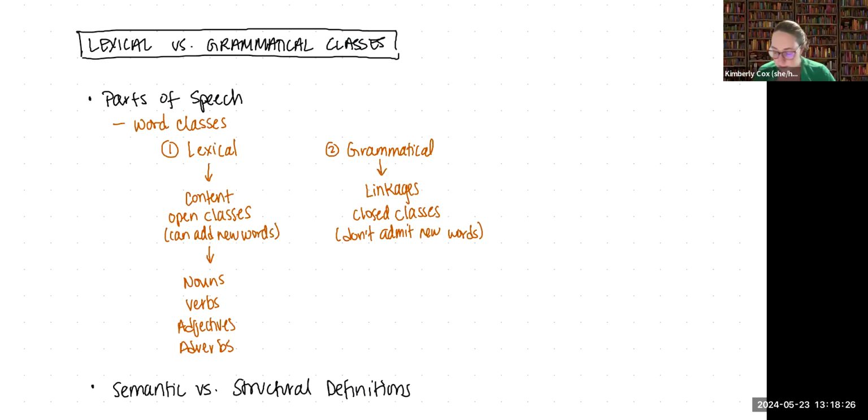That's going to be a little bit different from grammatical classes of words, which are things like auxiliary verbs. Auxiliary verbs are going to be verbs like will, should, can, do, those sorts of things. It also includes conjunctions, and, but, so.